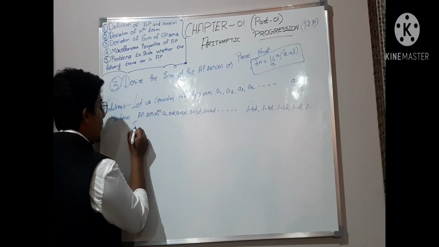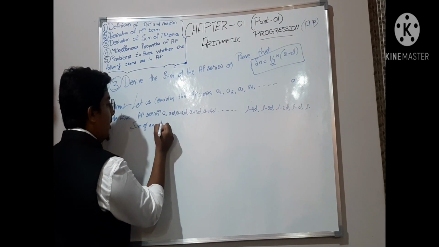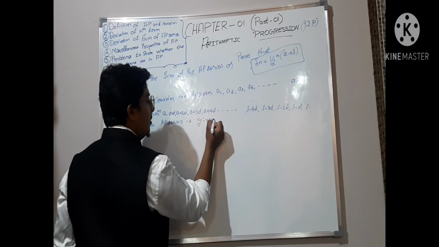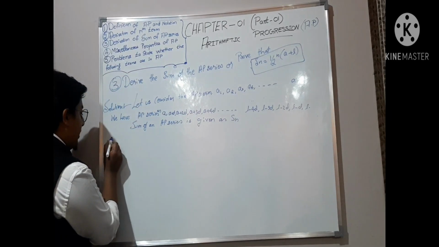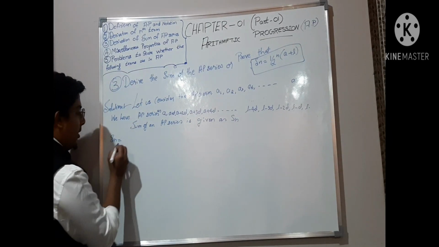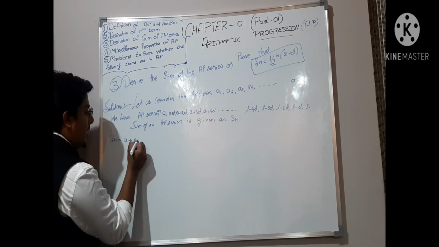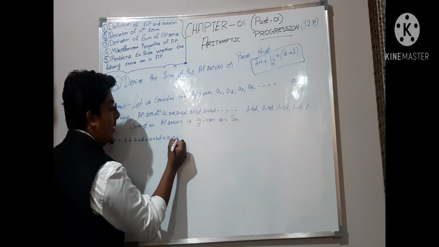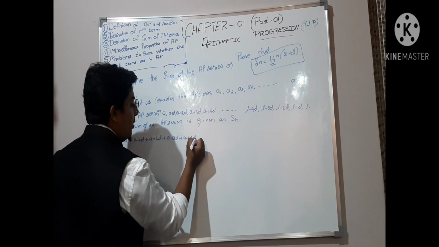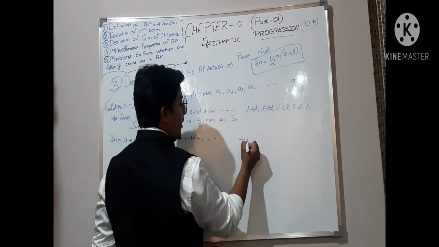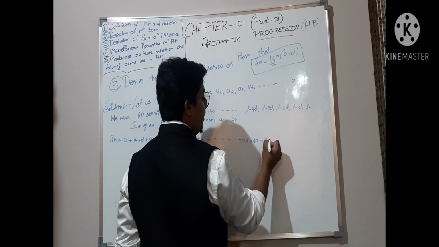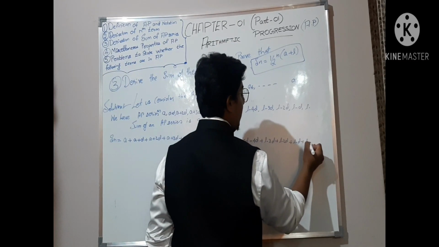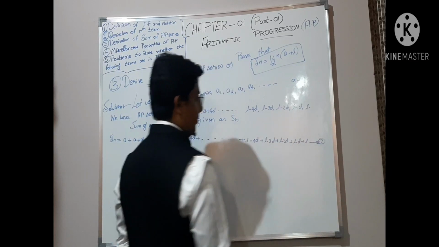Therefore, the sum of an AP series is given as Sn. Here Sn is equal to A plus (A plus D) plus (A plus 2D) plus (A plus 3D) plus (A plus 4D) plus, goes on to, (L minus 4D) plus (L minus 3D) plus (L minus 2D) plus (L minus D) plus L, given as equation 1.